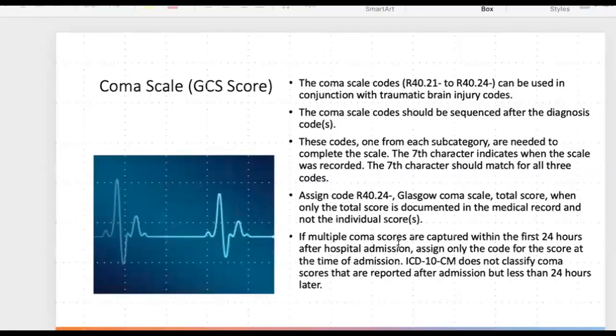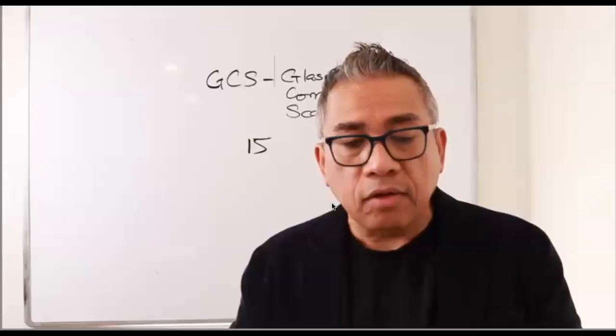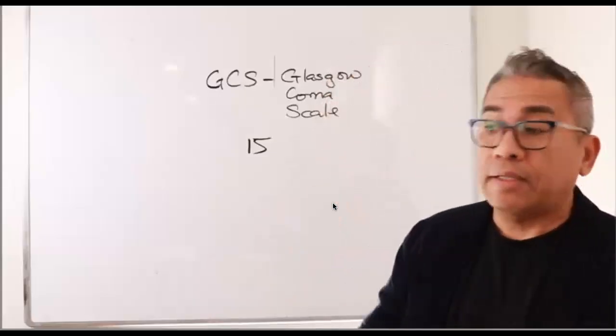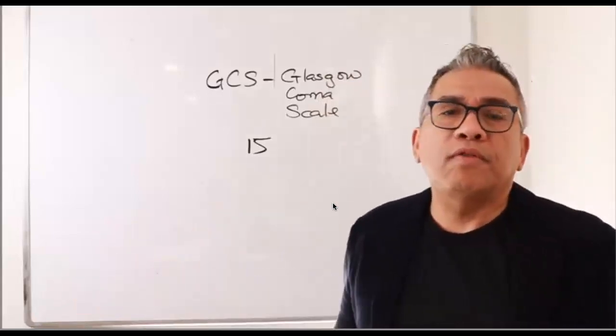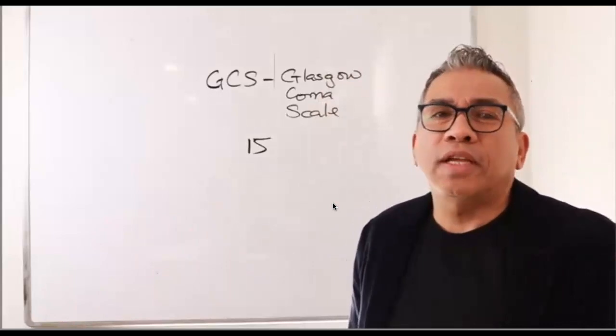Okay, if multiple coma scores are captured within the first 24 hours after hospital admission, assign only the code for the score at the time of admission. ICD-10-CM does not classify coma scores that are reported after admission, but less than 24 hours later. Okay, so this is very clear, guys. You only assign the coma score when the patient was admitted at that time, because a patient can be in the state of coma for more than 24 hours.